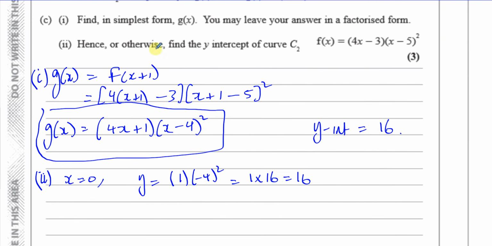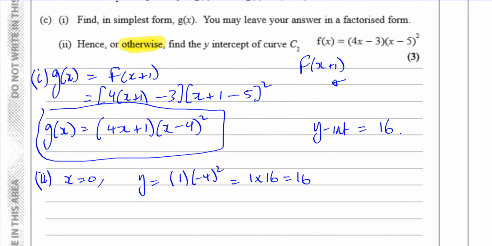Okay, I guess the otherwise part here is something maybe a bit more complicated, which I wouldn't really use at all, but I'm guessing what it would be is because f of x plus 1 is a translation of 1 unit to the left.